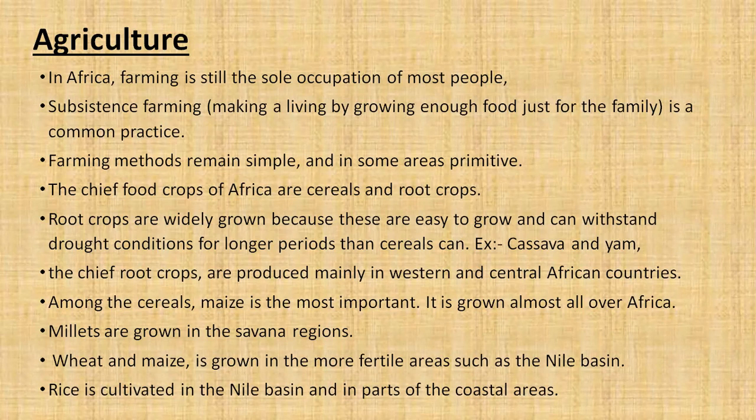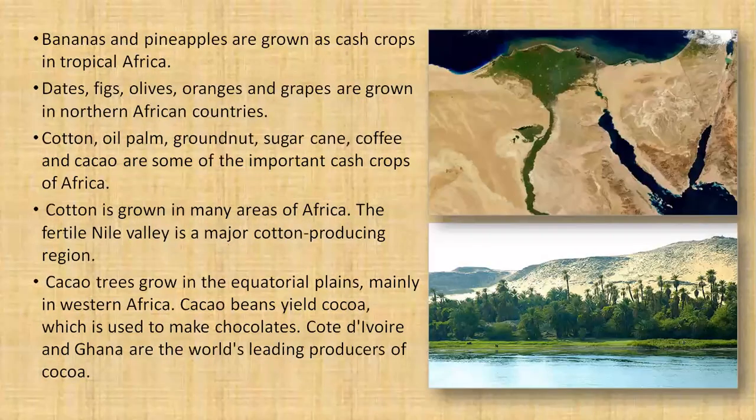Some coastal areas have plains, and in those plains rice is cultivated. This is an overview of agriculture. Up to this time we discussed food crops, rice, wheat and all those things. Now we are going to look at the cash crops.